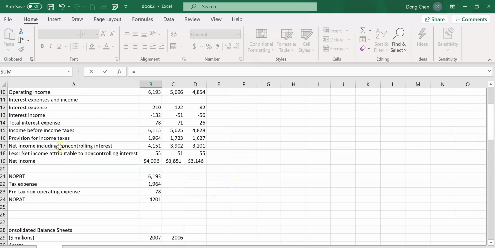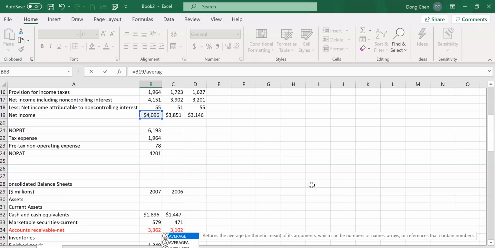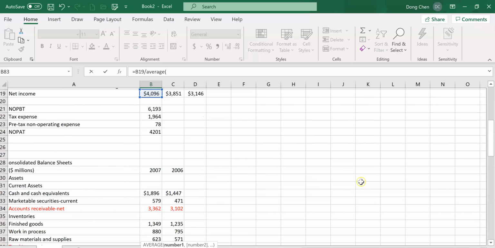One is net income including non-controlling interest, and the other one is just net income, which refers to net income from the parent company's perspective. If you check the definition of this ROE, here we should use the net income from the parent company's perspective. So we should use this number and then divide it by the average level of the shareholders' equity.